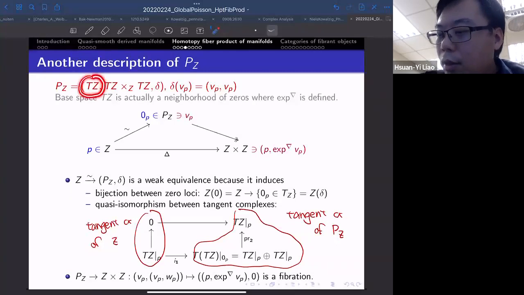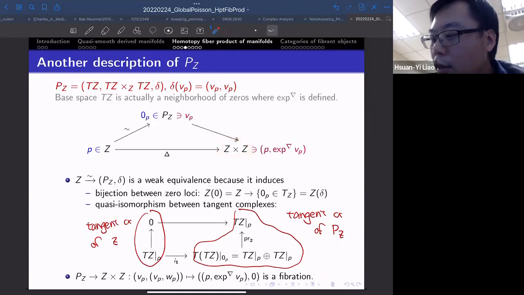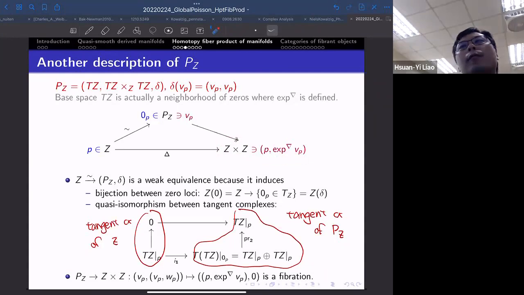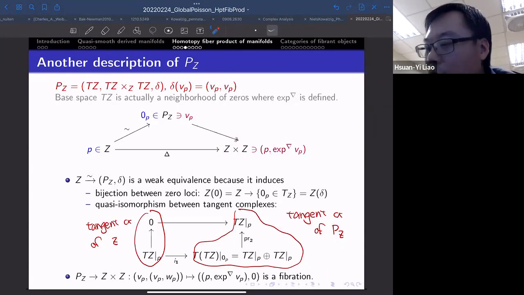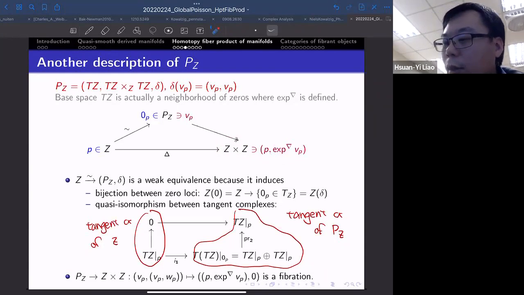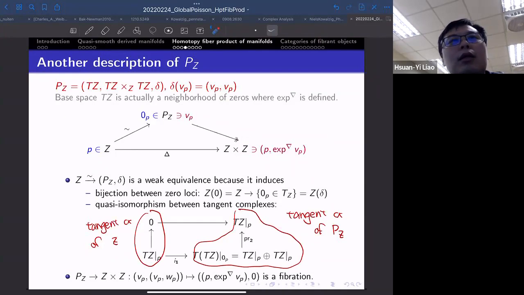So TZ to Z times Z, the map is P and the exponential VP. And this is a submersion because the tangent map of this part is the identity. And the tangent map of the exponential map is also surjective, so it is a submersion. The tangent map is onto. That's what I mean. Is it clear?